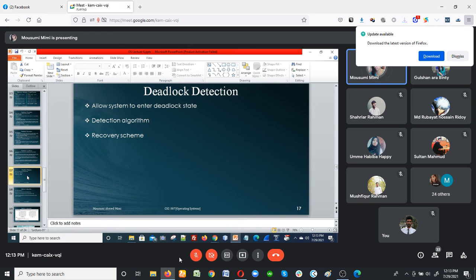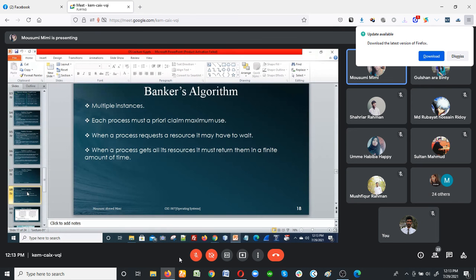And you have to provide the detection algorithm. There is another algorithm which is the detection algorithm, and it actually detects whether deadlock has happened or not. And if the deadlock has happened, at that point of time you have to apply the recovery scheme. Recovery scheme means that you have to figure out how you can recover from the deadlock.